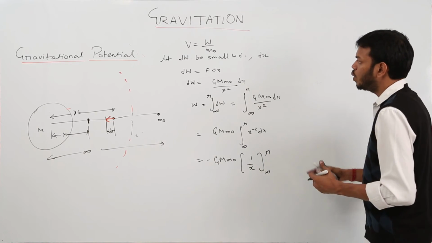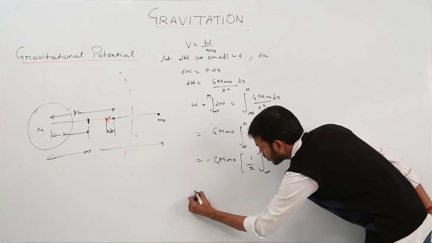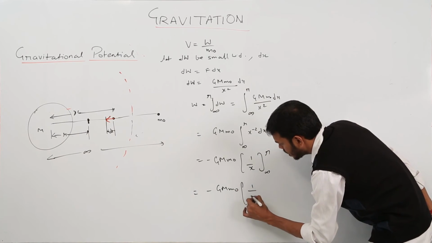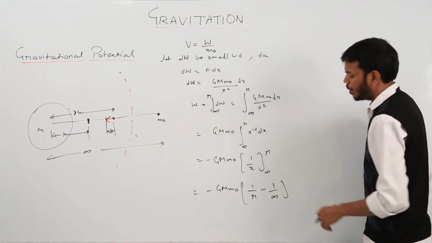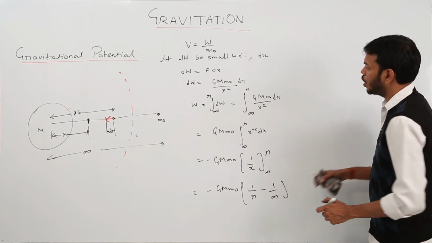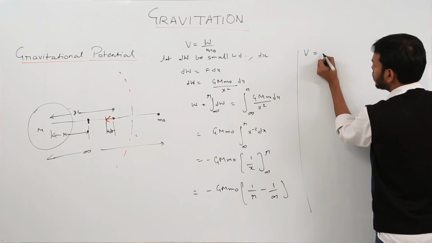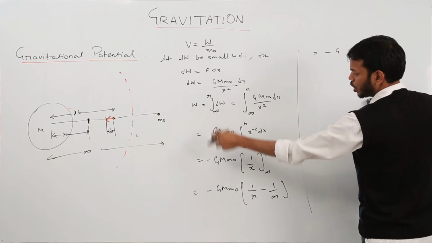Now the application of limits, which is upper limit minus lower limit. So minus G M m0, upper limit r minus lower limit infinity. 1 upon infinity becomes 0 and you are left with 1 upon r. So this is the value of total work done, not gravitational potential.